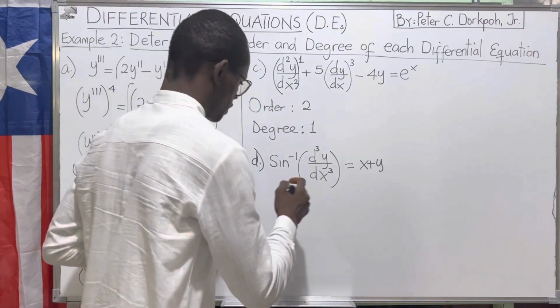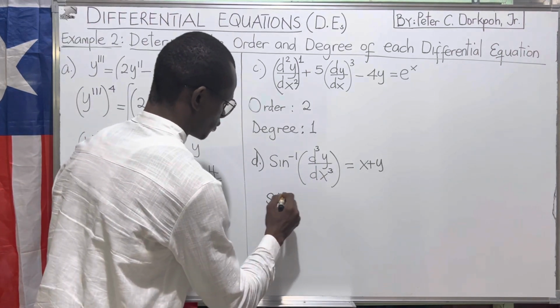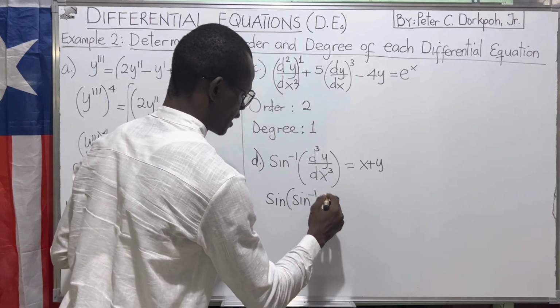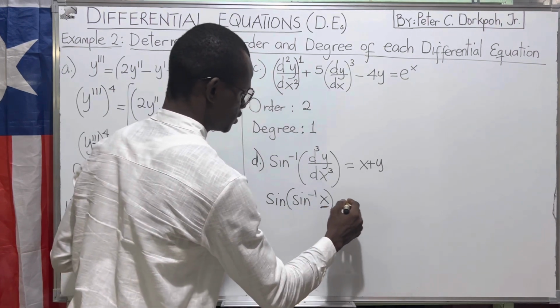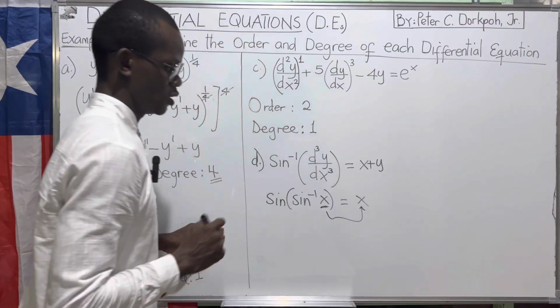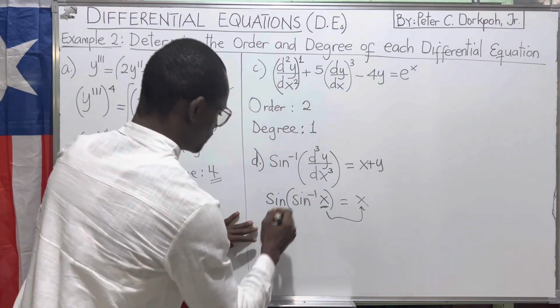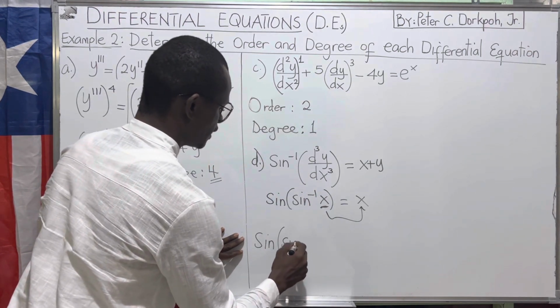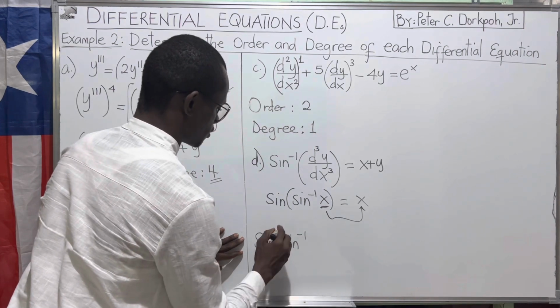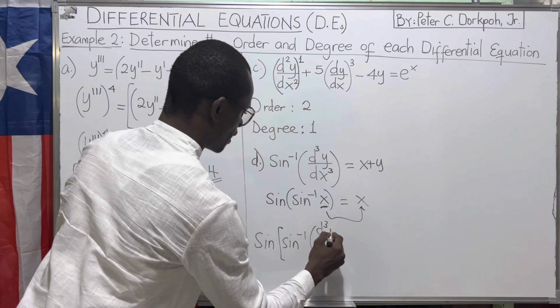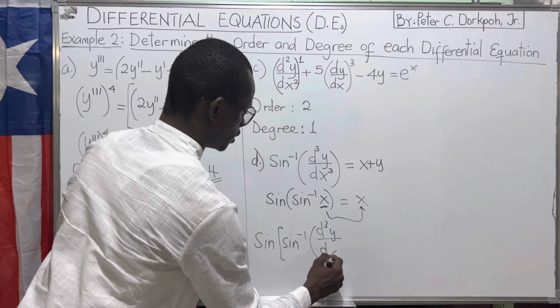We know that sine inverse of any angle is just equal to that angle. So based upon that, we can say sine inverse of this angle, which is the 3y all over the x cubed.